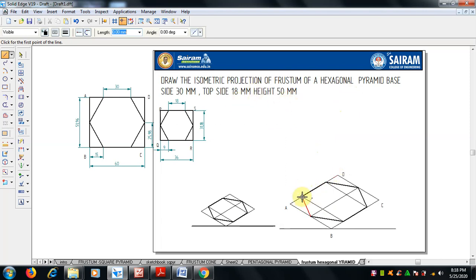So how to calculate the 50 mm, you know, right? We can make the center point of this and center point of this. Normally center to center, how we can calculate.